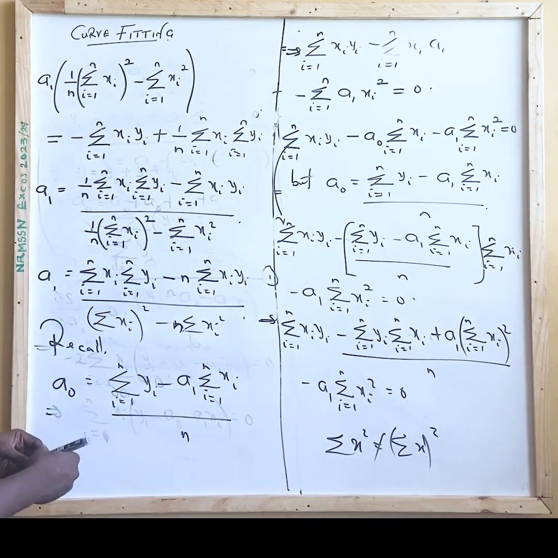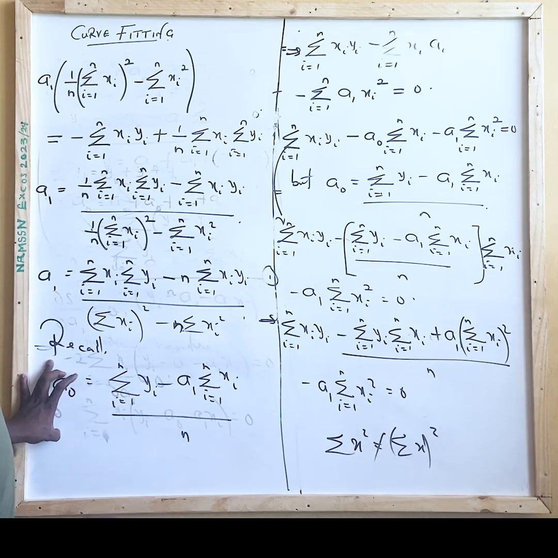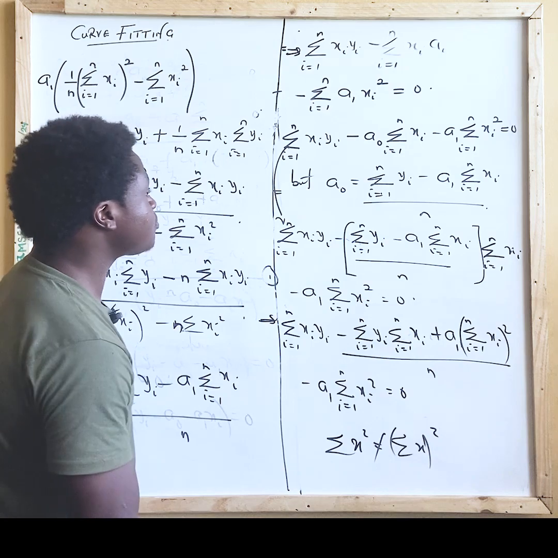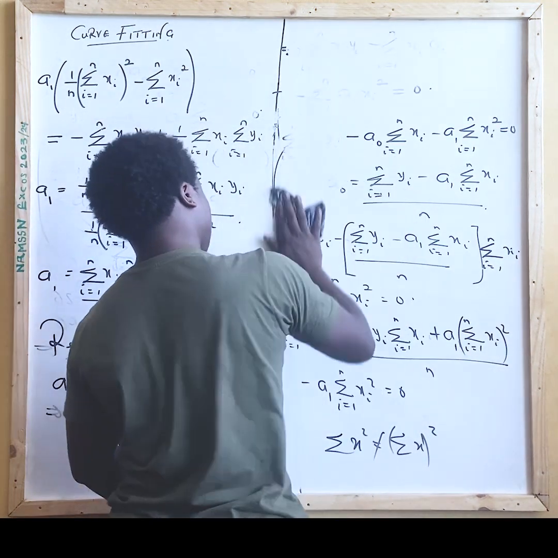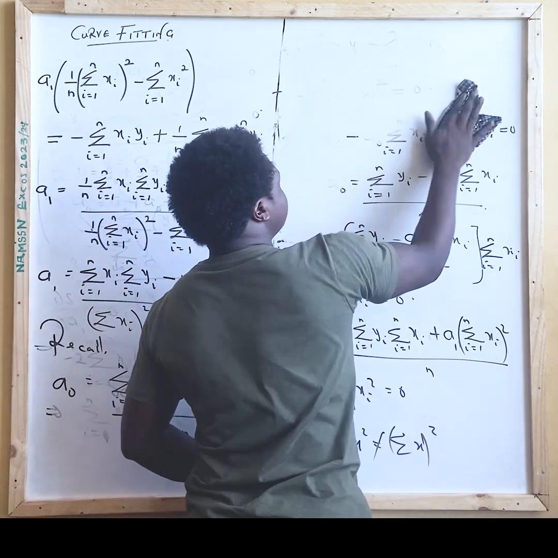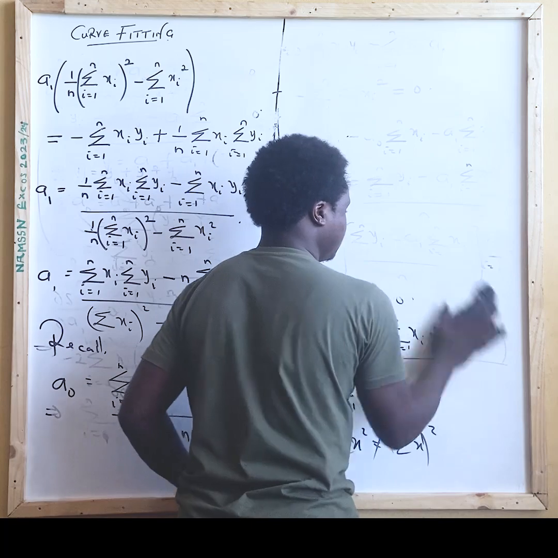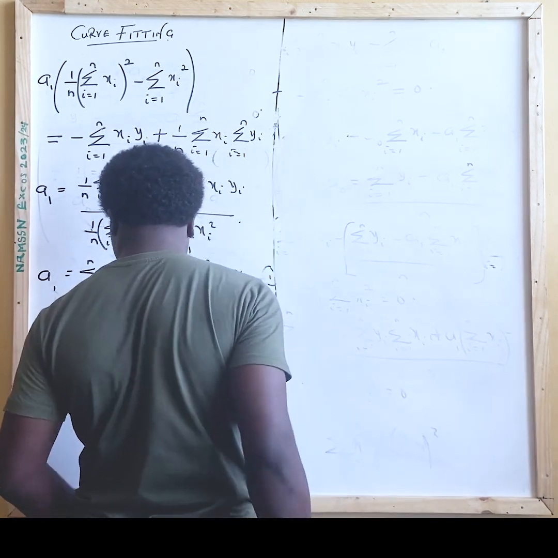So now that we know what a1 is, we can put it here and get what a naught should be in terms of xi, yi, and n. So let's quickly do that.